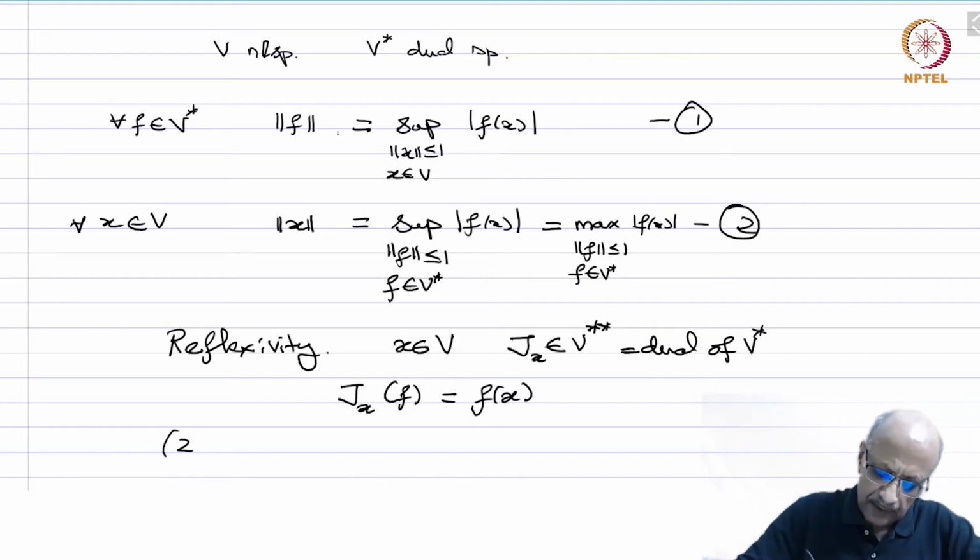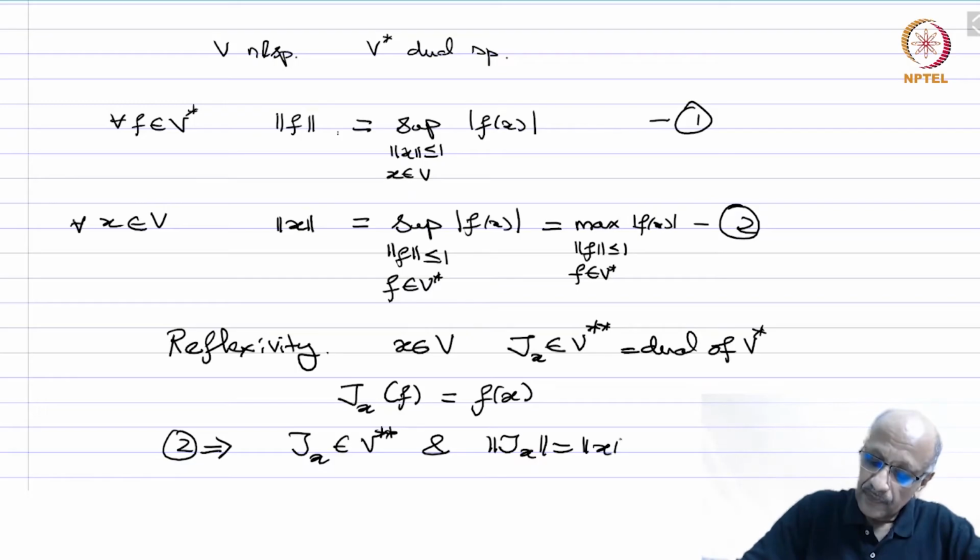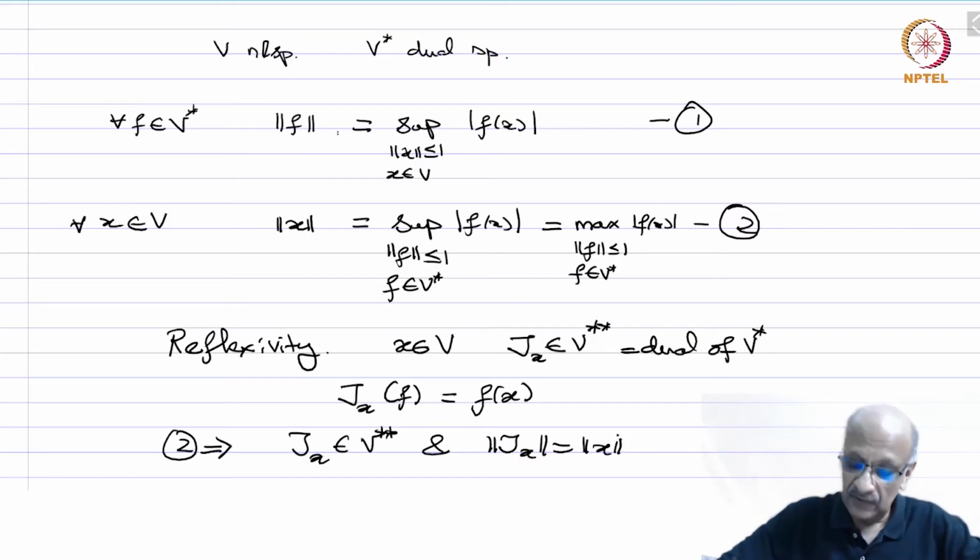Then what does 2 imply? 2 implies that Jx belongs to V double star, and in fact norm Jx is equal to norm x. The norm is in V double star for Jx and norm x is in V. So the mapping x going to Jx from V to V double star is linear and preserves norms, and so it is called an isometry.